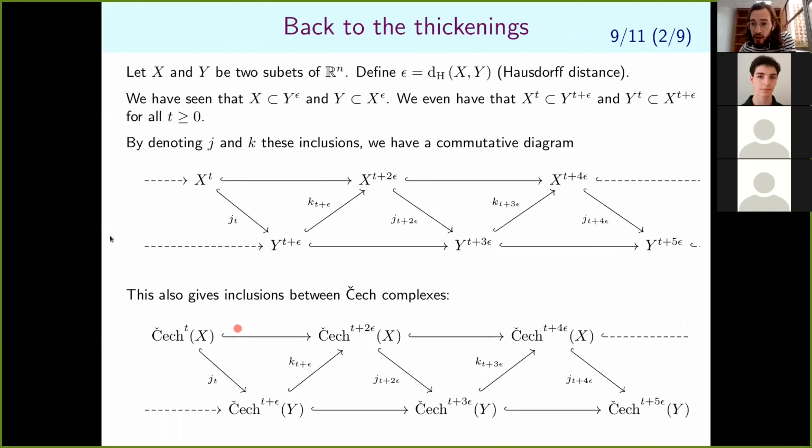The Čech complexes are simplicial complexes that are homotopy equivalent to the thickenings. And I still have inclusions between the Čech complexes. And these inclusion maps become inclusion maps between simplicial complexes.